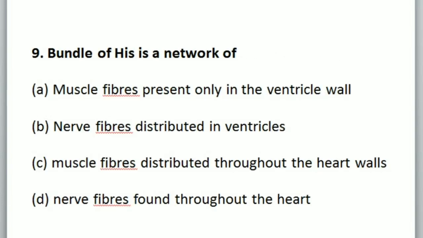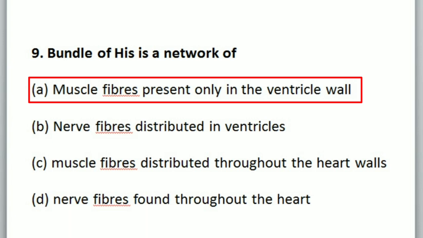Bundle of His is a network of A. Muscle fibers present only in the ventricle wall, B. Nerve fibers distributed in ventricles, C. Muscle fibers distributed throughout the heart walls, D. Nerve fibers found throughout the heart. Answer A. Muscle fibers present only in the ventricle wall.